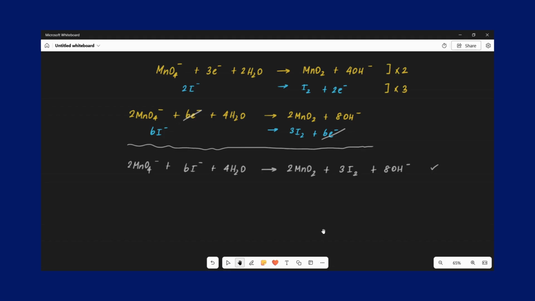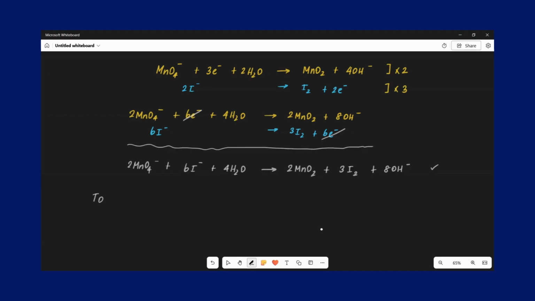I balanced the charges, then added the appropriate number of water molecules to balance hydrogen. Finally, I equated the number of electrons gained and the number of electrons lost. I added the balanced half equations together and got the redox equation balanced.